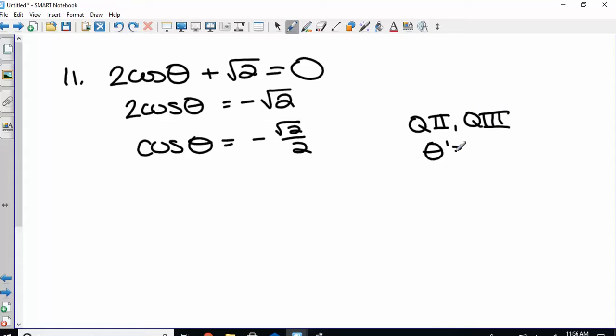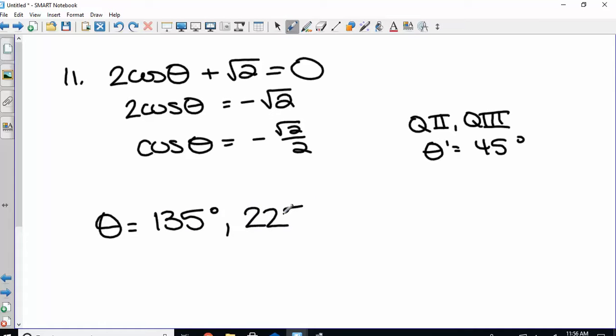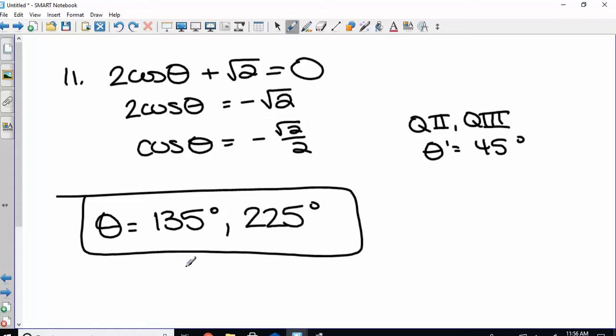Reference angle, when is cosine radical 2 over 2? So in quadrant 2, 180 minus 45, and in quadrant 3, 180 plus 45.